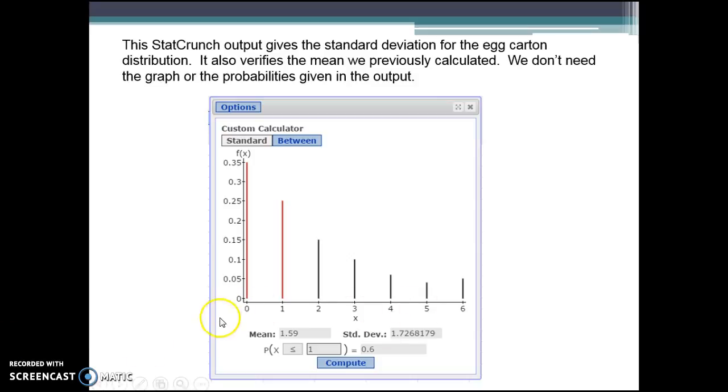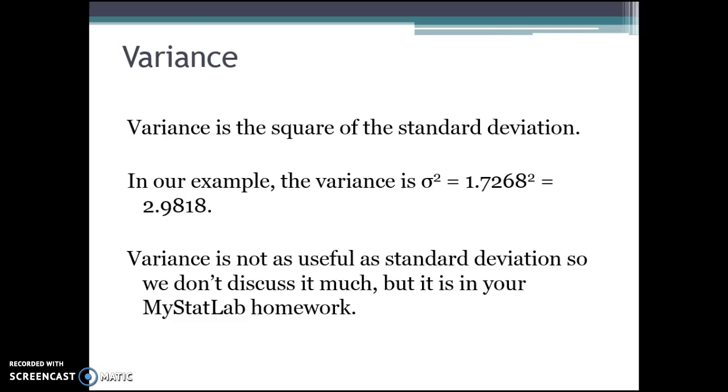So when we do this in StatCrunch, we get some output. This verifies that the mean is 1.59, like we thought, and the standard deviation comes out to be 1.7268. Okay, and again, see the StatCrunch video for how to get that.